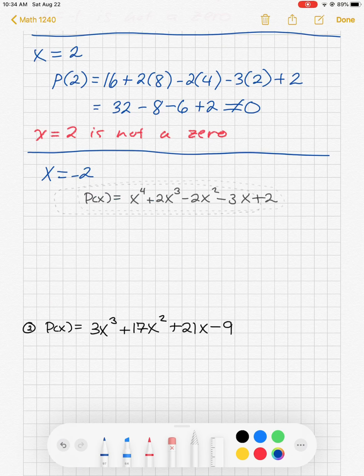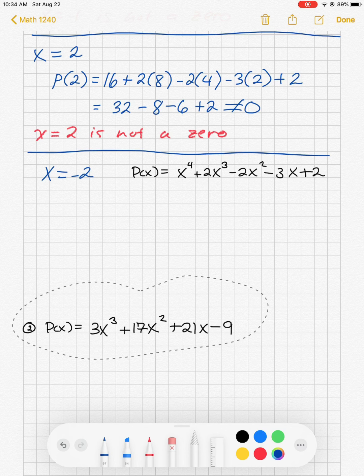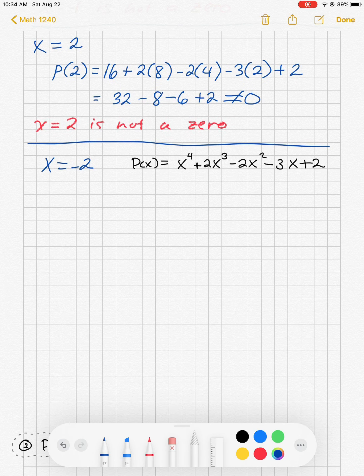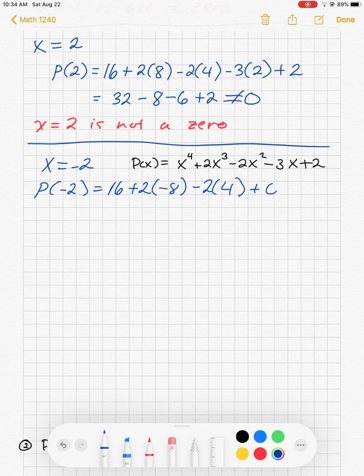Move this down. Can refer to it. Okay, so P of negative 2. Negative 2 to the 4th, 16. 2 times negative 8, minus 2 times 4, plus 6, plus 2. 16 minus 16, negative 8 plus 6.